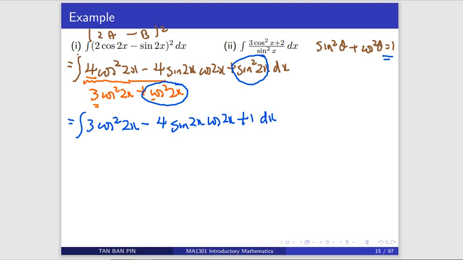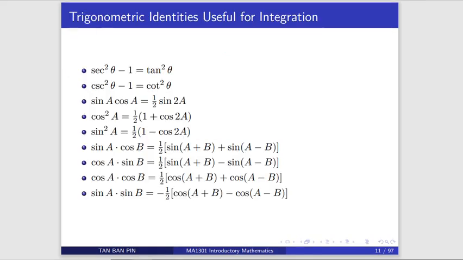And we are going to combine them using a trivial identity. For 4 sine 2x cosine 2x, we are going to use this. You can multiply the half as 2 to the right hand side. It means you should have 2 sine a cosine a is sine 2a.